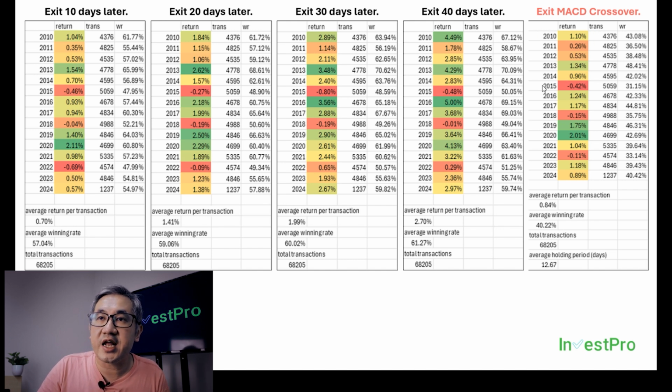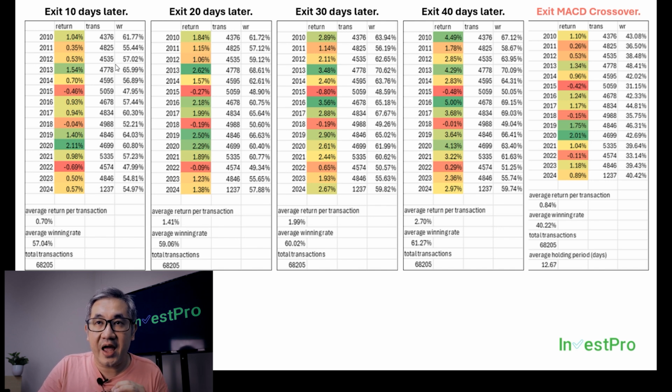You need to understand how we run this experiment, and let's focus first on the exit at 10 days. As I mentioned earlier, the entry for this technique is by using the MACD crossover. So when the crossover happens, the MACD line crosses over the red line, the signal line, then we buy the stocks.